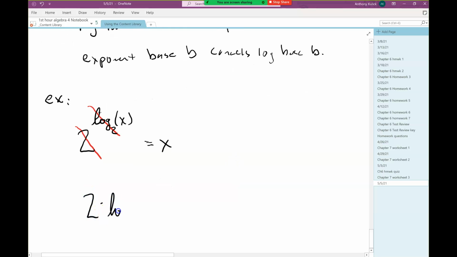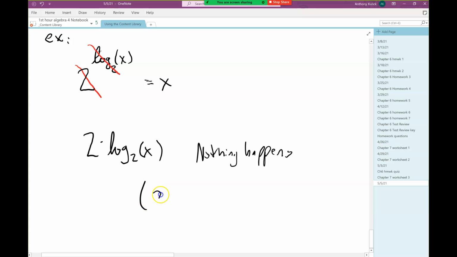Note that if I have 2 times log base 2, nothing happens. Multiplying by 2 and having the logarithm and the exponent are two different things. Like 2 times 3 is not the same thing as 2 to the 3rd. So multiplying by 2 is not the same as having an exponent base of 2.